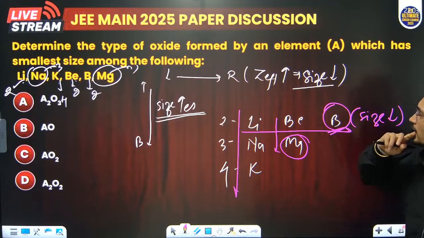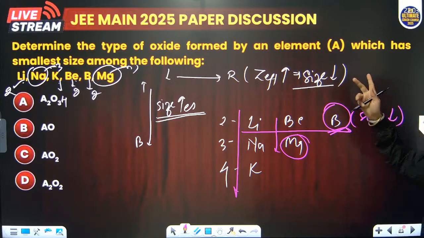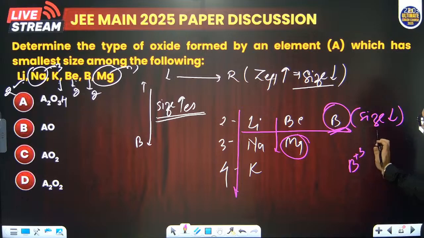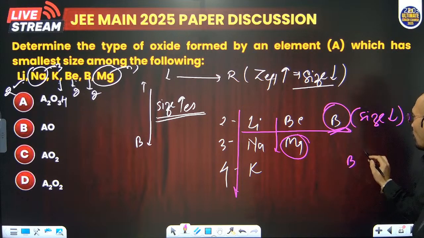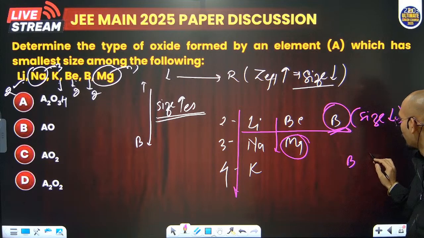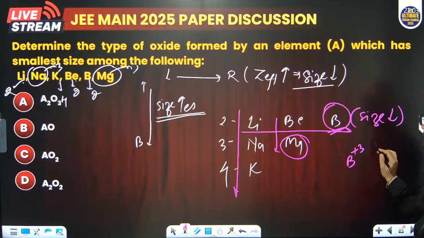Now it is asking what oxide it will form. We know that oxygen is more electronegative and boron has less electronegativity, so boron will become positive. The formula will have B plus 3 and oxygen minus 2.